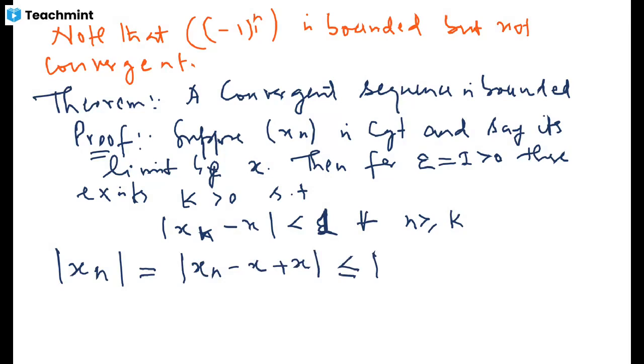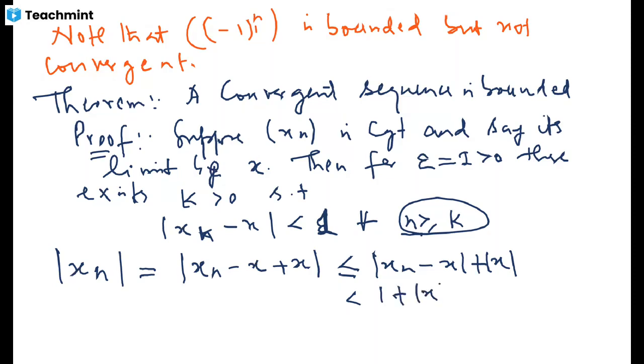It is less than or equal to modulus of xn minus x plus modulus of x. So if I choose n to be greater than or equal to k, then I will have this distance of the nth term of the sequence from x less than 1 plus mod of x, and this is true for every n greater than or equal to k.